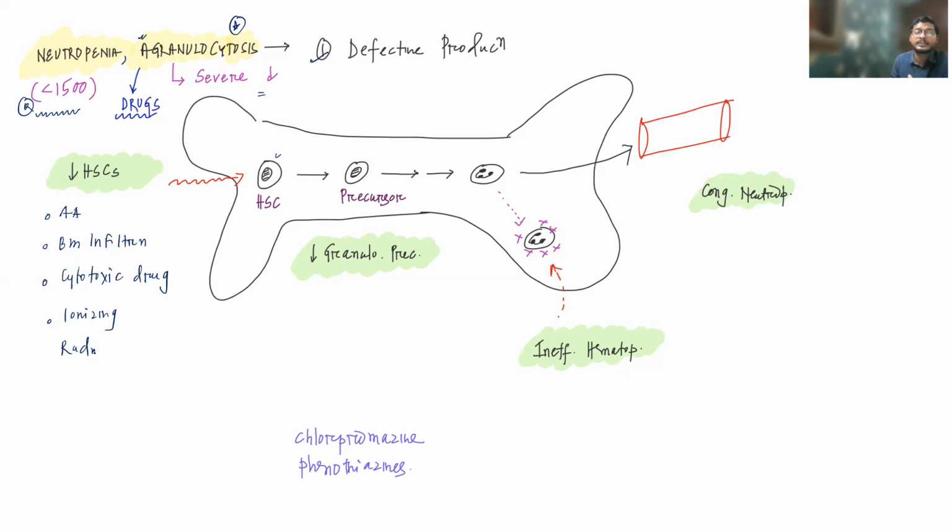Now there are certain drugs which can damage the granulocyte precursors and reduce their function. These drugs include anticonvulsants, antibiotics, diuretics, and antipsychotics.